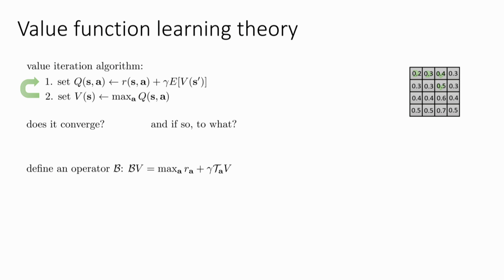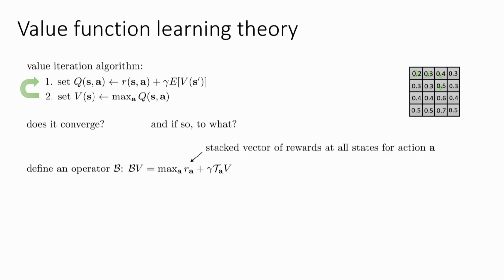And what it does is it takes a max over the actions. And then inside that max, it has the reward for that action plus gamma times the transition matrix for that action times the old value function. Representing value functions as vectors and representing rewards for a particular action as vectors, this is basically an expression in terms of linear algebra.